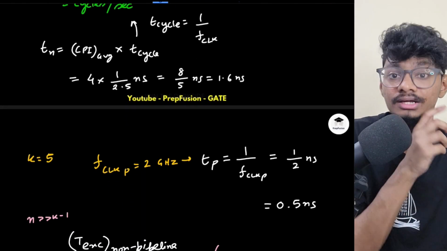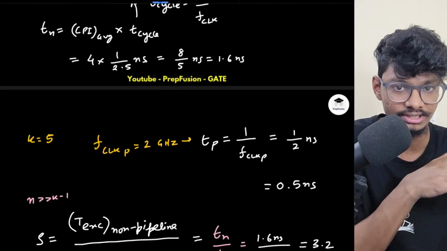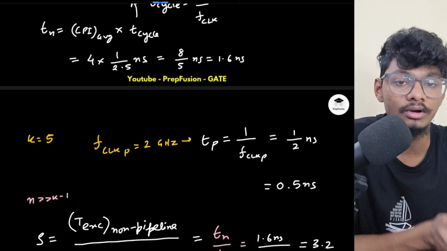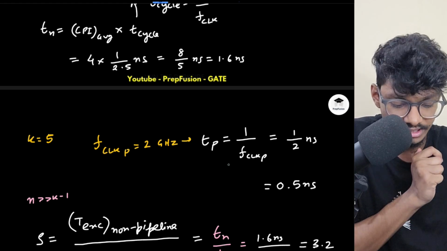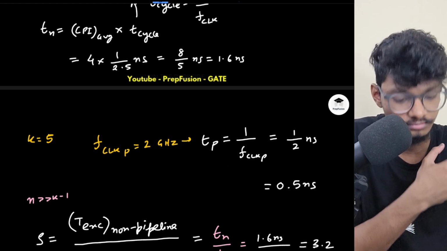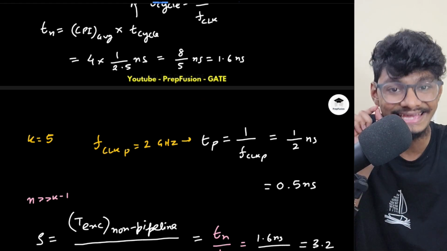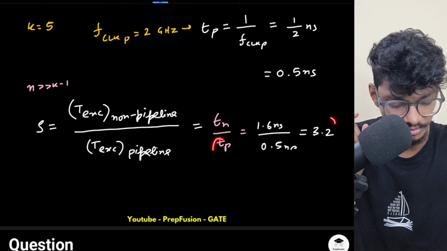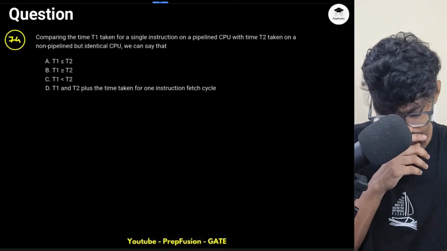For the pipeline, if n is much larger than k minus 1, each task will take only 1 cycle, because after every cycle I am getting an output. Something is coming into the pipe and something is going out of the pipe every instant. So each task takes Tp amount of time, and Tn over Tp will be 3.2.